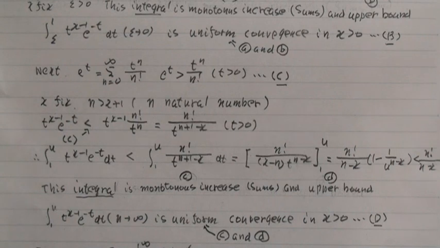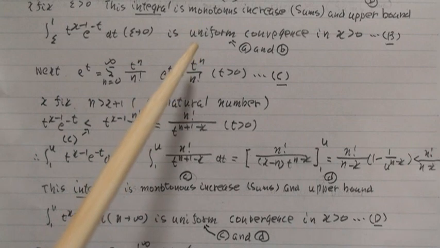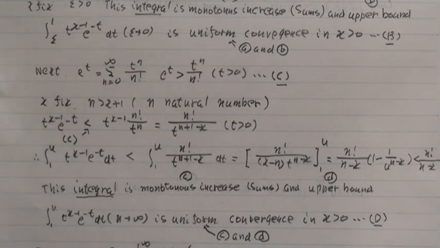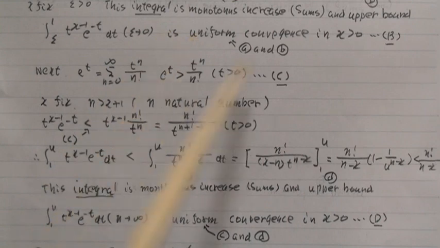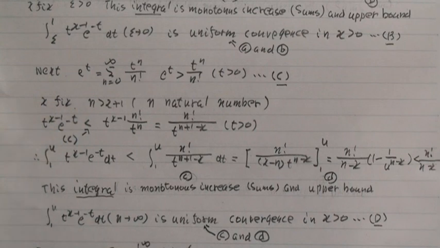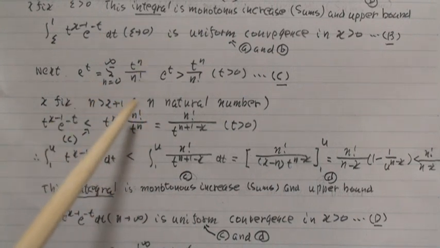And next, e^t has an expansion, and e^t is greater than t^n/n!. This is a sum, t is positive. Point C. For fixed x and n greater than x + 1, n a natural number, t^(x−1) e^(−t) is smaller than t^(x−1) n!/t^n.